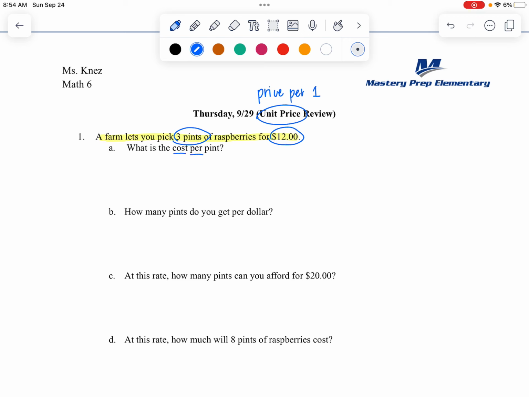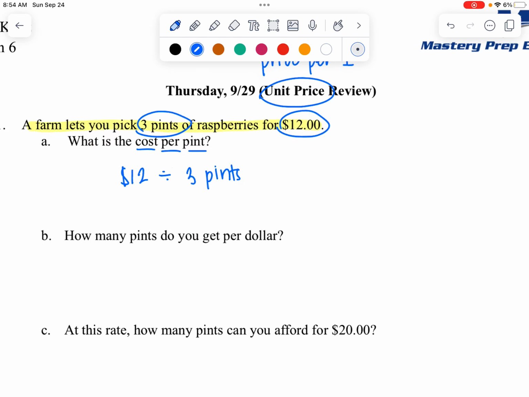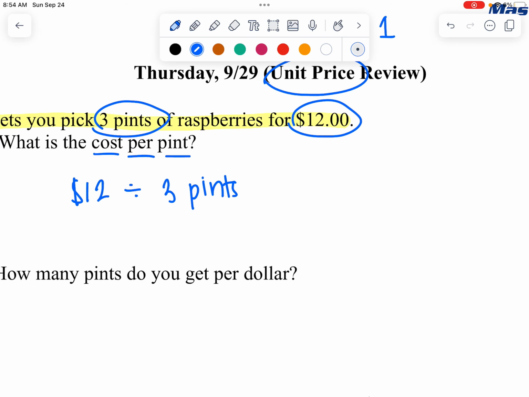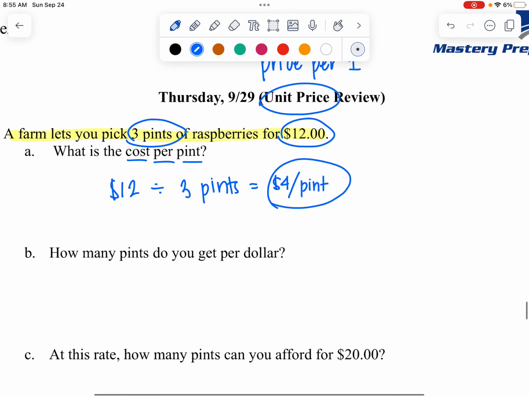To find the cost per pint, I'm simply dividing the cost I know, $12, was split between 3 pints. And so we know nothing cancels, and we just end up with $4 per pint. That's unit price. Unit price is always the cost per one.